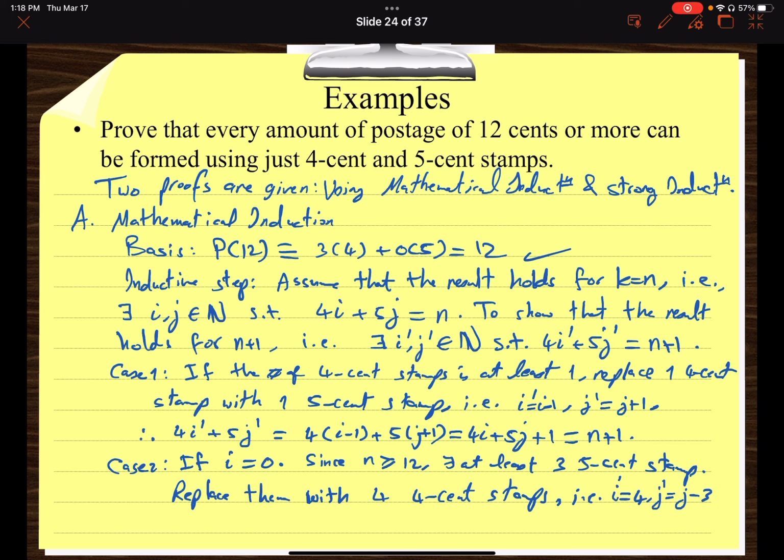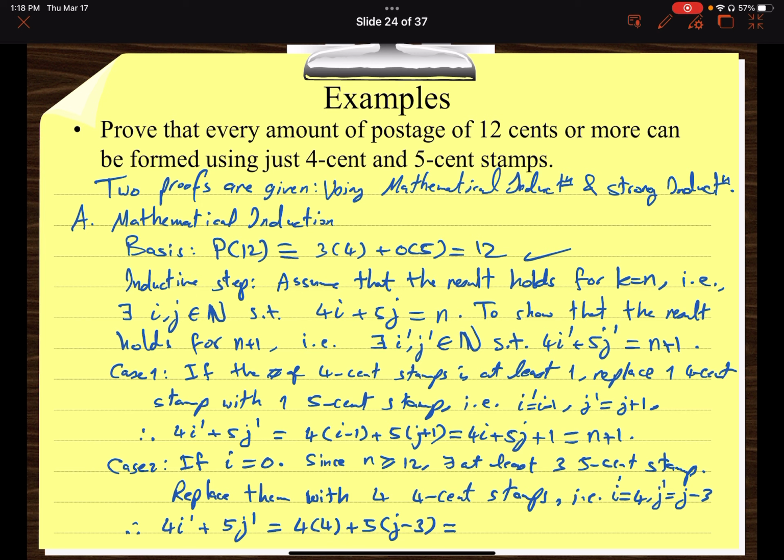Okay, therefore, what do we get in this case? 4i prime plus 5j prime is equal to 4i prime, which is equal to 4, plus 5 times j prime, which is j minus 3.